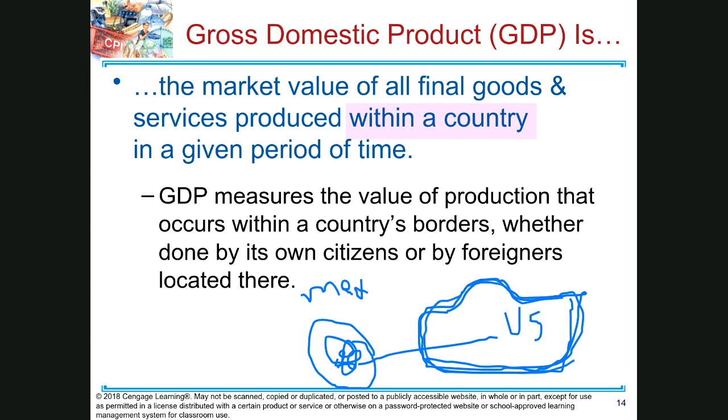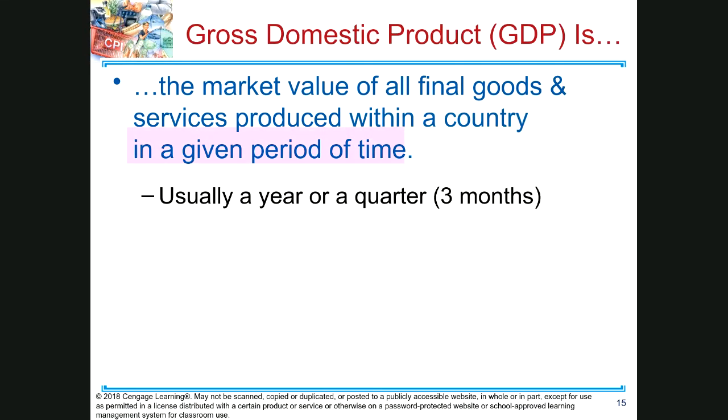Within the border, within the country, in a given period of time, in one year, sometimes we calculate quarterly. Let's say last year, from January 1st to December 31st, dollar wise, what is the market value of all the goods and services we made in our country, in the USA, our final goods?